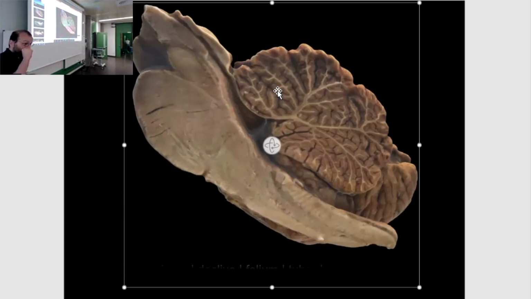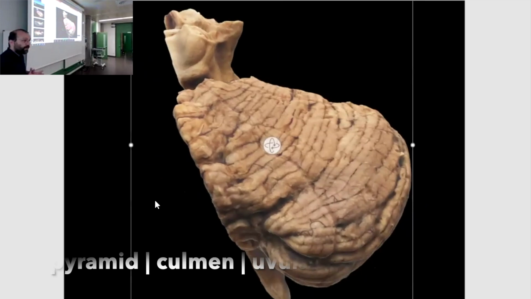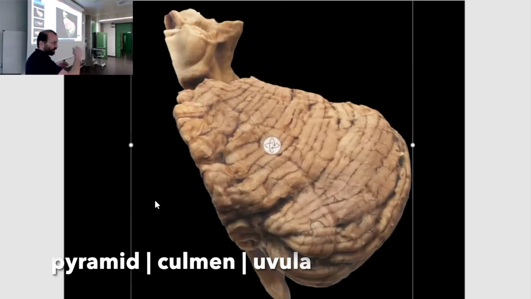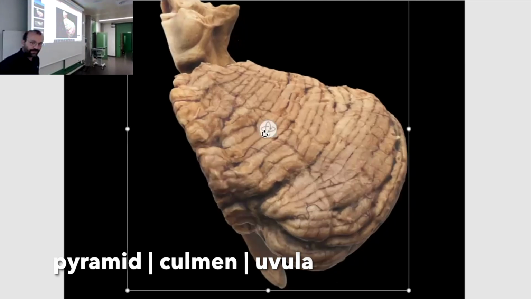Are they relevant? In my opinion, anatomy is always relevant, but if we want to be more pragmatic, we have to recognize the pyramid, at least, as Professor Putti said. Culmen is very important because, as the name says, it's the most apical portion of the cerebellar hemisphere.